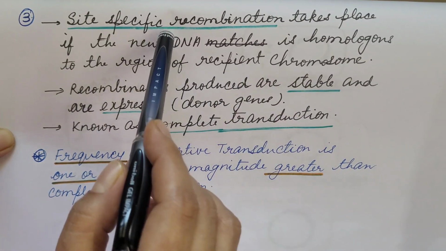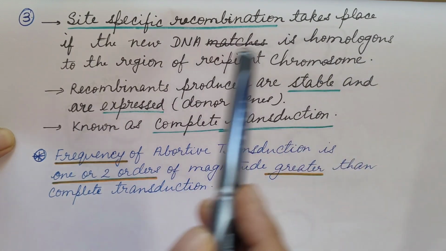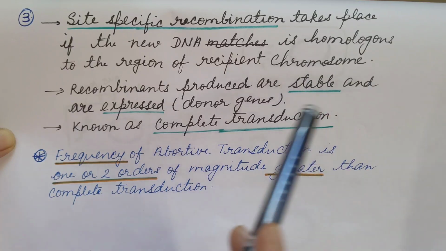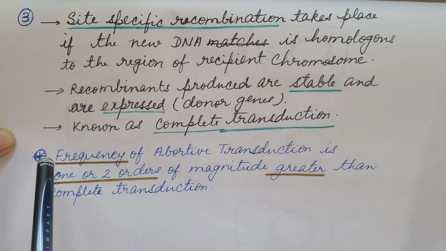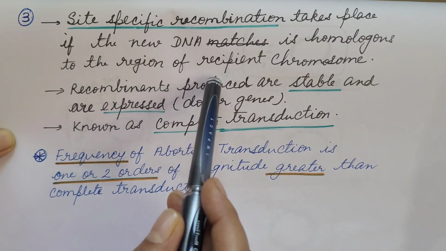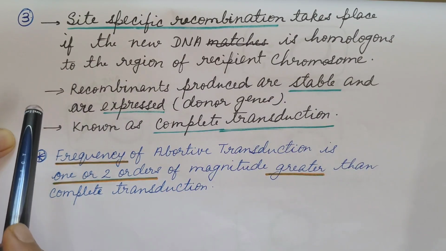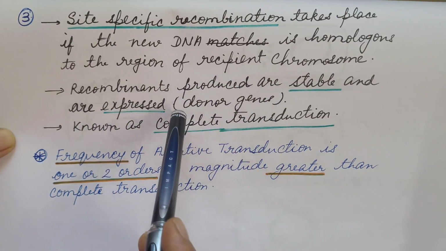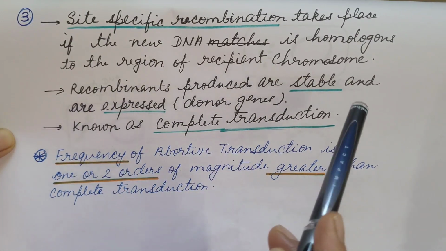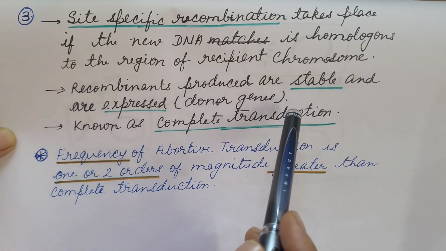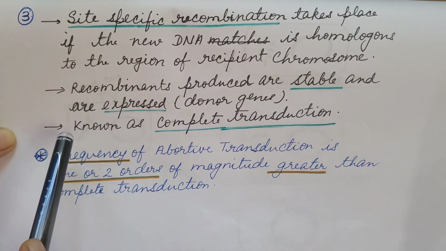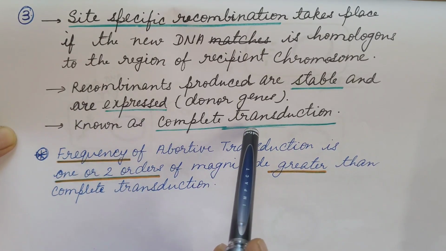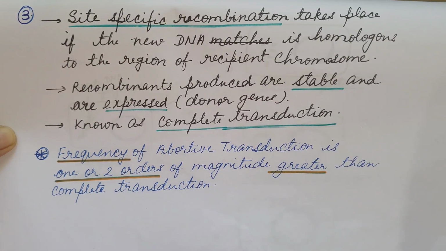So, if the donor DNA fragment shares homology with any region of the recipient genome, then site-specific recombination takes place. Hence, recombinants are produced and these are stable and expressed. That means the donor genes present in the donor DNA fragment are expressed. These replicate along with the recipient bacterial genome since they are integrated. This type of transduction is known as complete transduction or successful transduction.